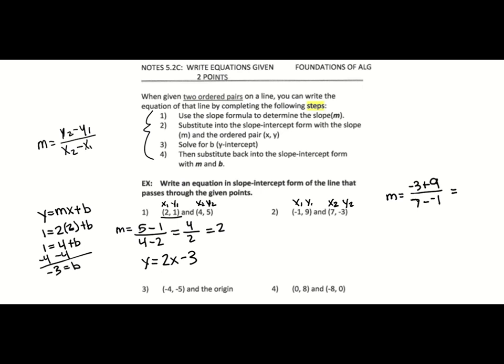So we add those negatives, we get negative 12. And now you can add these in your calculator. Make it easy. We get negative 12 over 8. And that simplifies down, gives you negative 3 over 2.